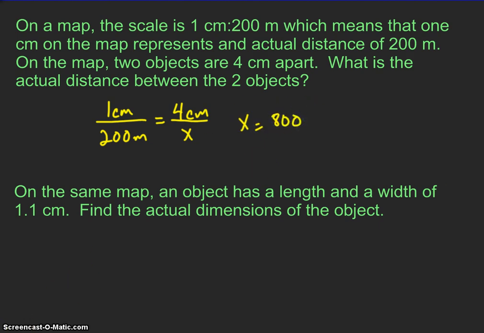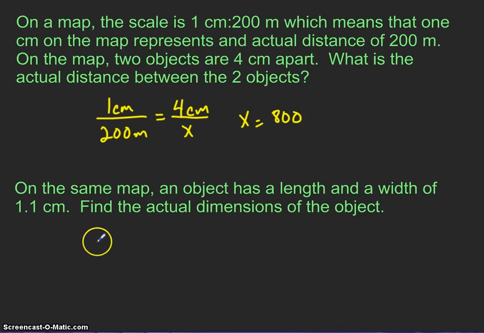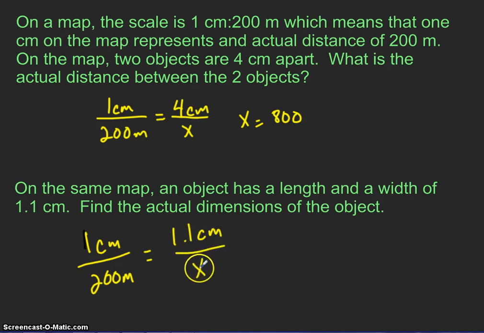On this next problem, on the same map, an object has a length and a width of 1.1 centimeters. Find the actual dimensions. So 1 centimeter to 200 meters, and I'm given 1.1 centimeters. Well, that has to match up with centimeters, and I'm looking for x. I'm going to cross multiply.